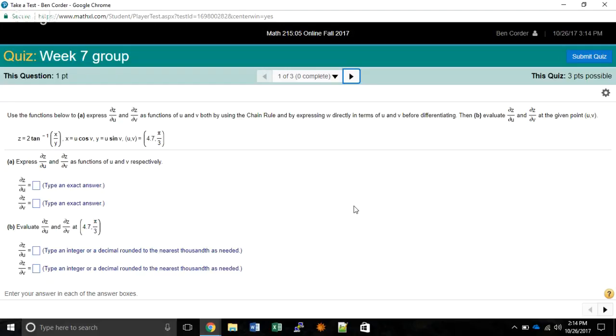It's 1 over 1 plus x squared, or u squared. Yeah, okay. And y is acting as a constant here, so it ended up having an extra y somewhere. Yeah, times 1 over y. It's pretending to be a constant.